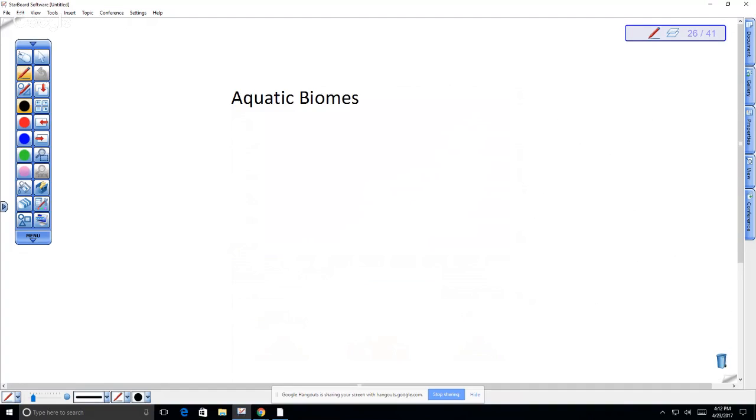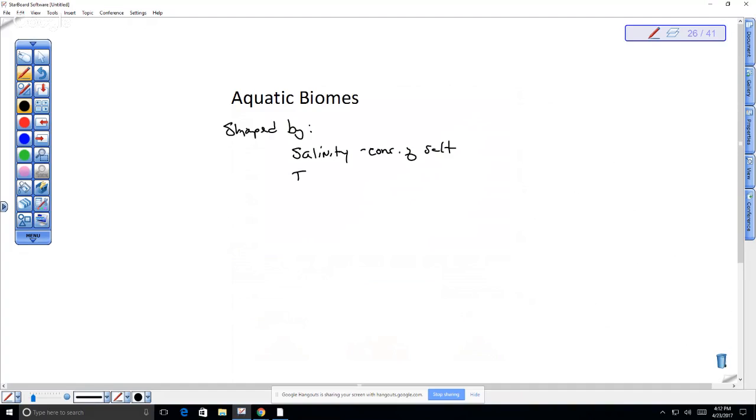Okay. So the next thing we're going to do is talk about aquatic biomes, and aquatic biomes are shaped a little bit differently by some different limiting factors. So they are shaped by salinity, which is the concentration of salt.